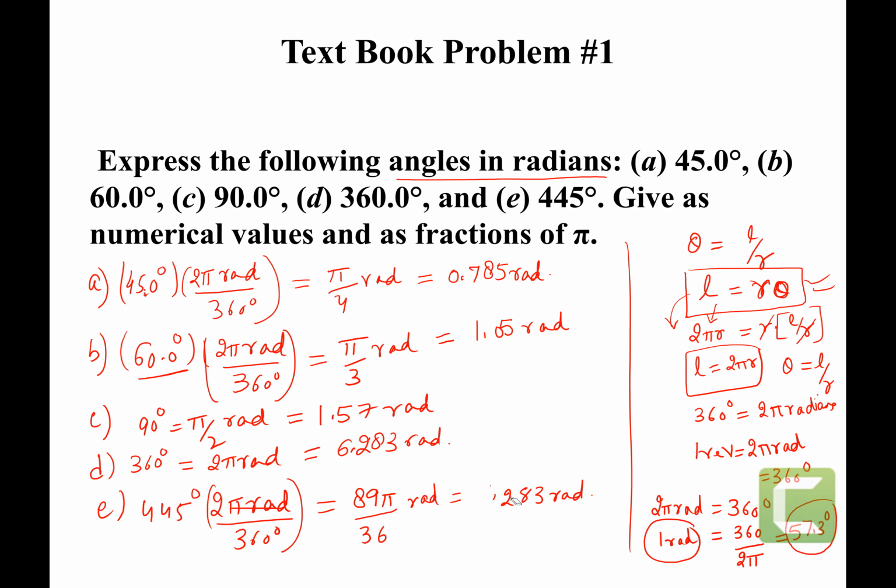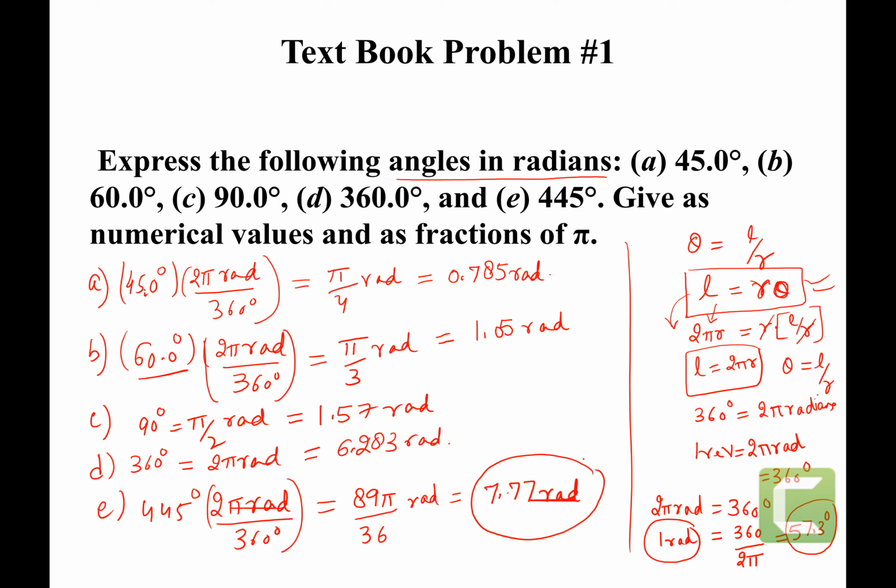Actually no, not 6.283 radians, it's bigger, it's 7.77 radians. Okay, so this is how you will work on these kinds of problems.